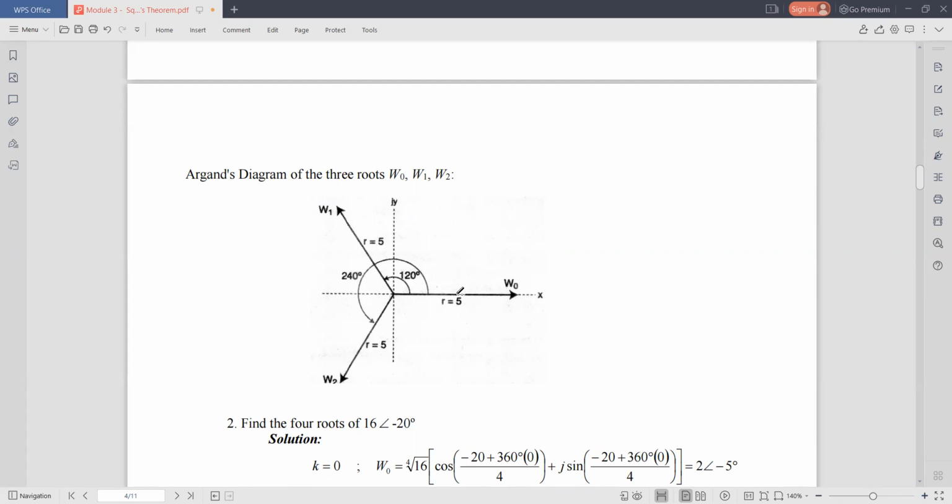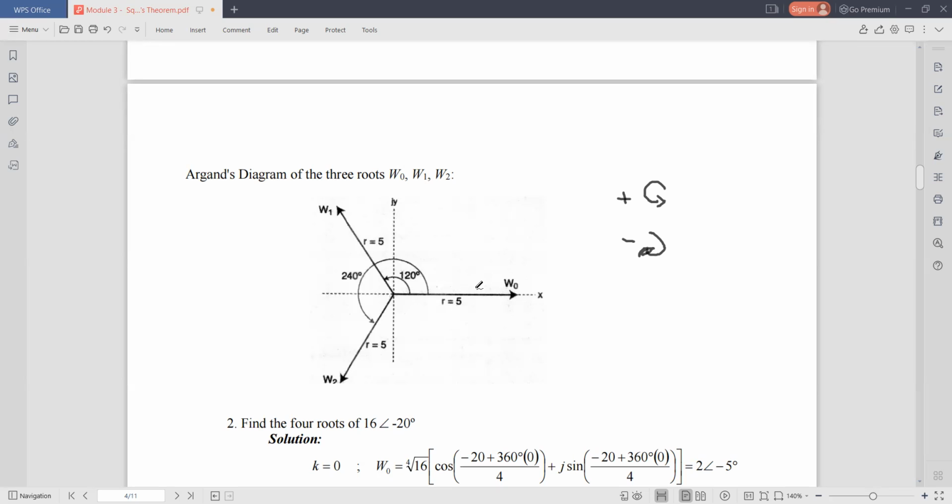It always starts at the x-axis going counterclockwise because it is positive. If positive, counterclockwise. If negative, clockwise. So here we have W sub 0, and our R is 5. So obviously it is here, and if you take 120 degrees, this is your W sub 0, right? It is in the plane.